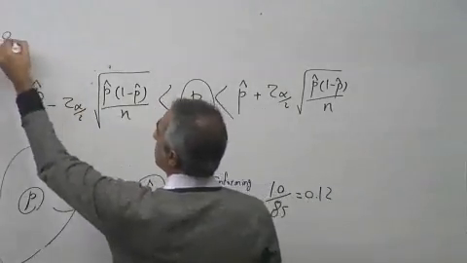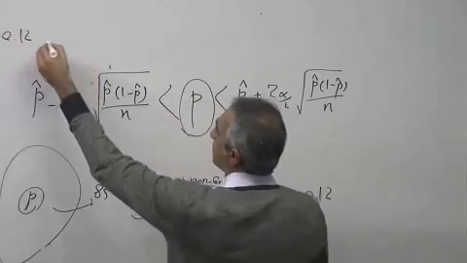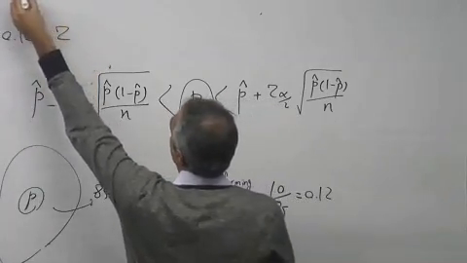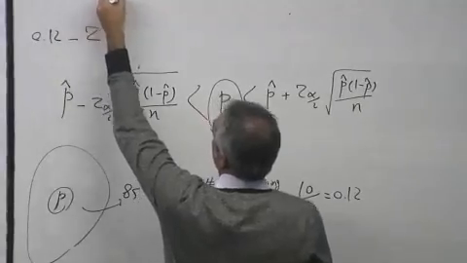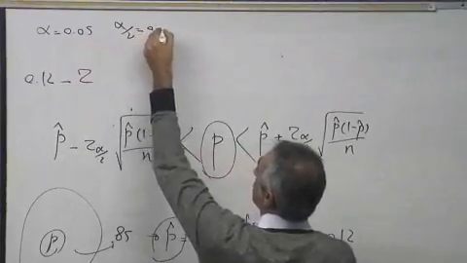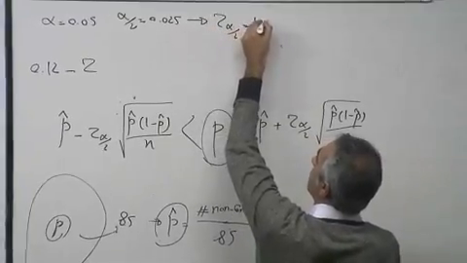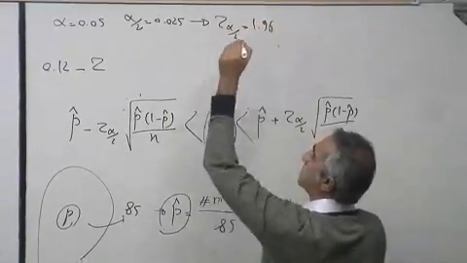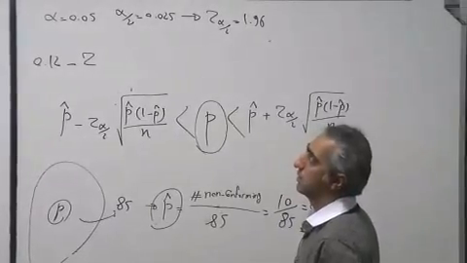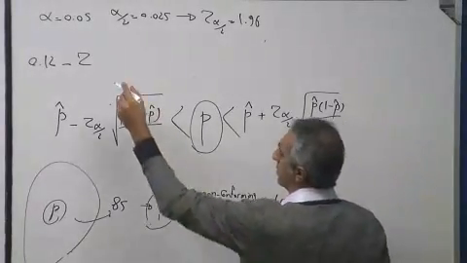Then I just plug in the numbers here. Alpha, we assume, is 0.05. So alpha over 2 is 0.025. So Z alpha over 2 from the table is 1.96, yeah.